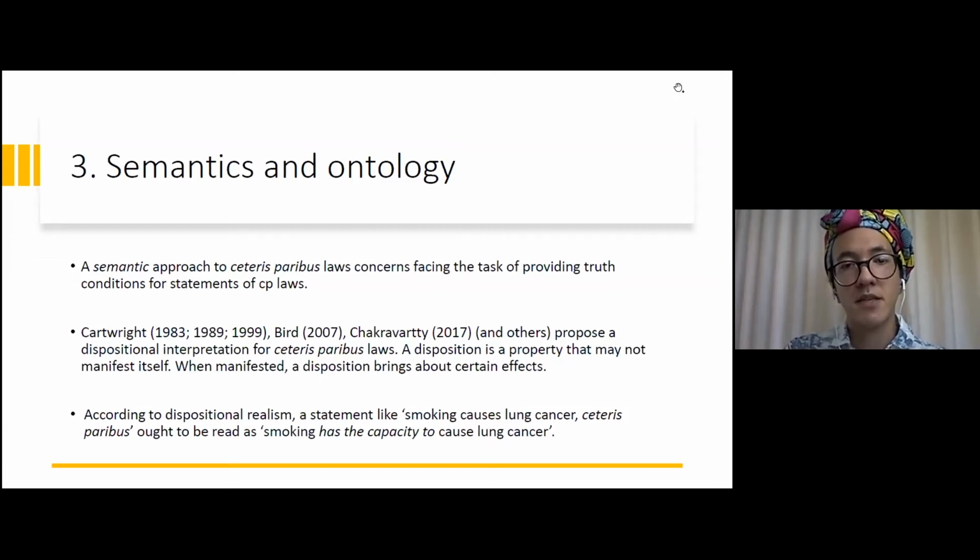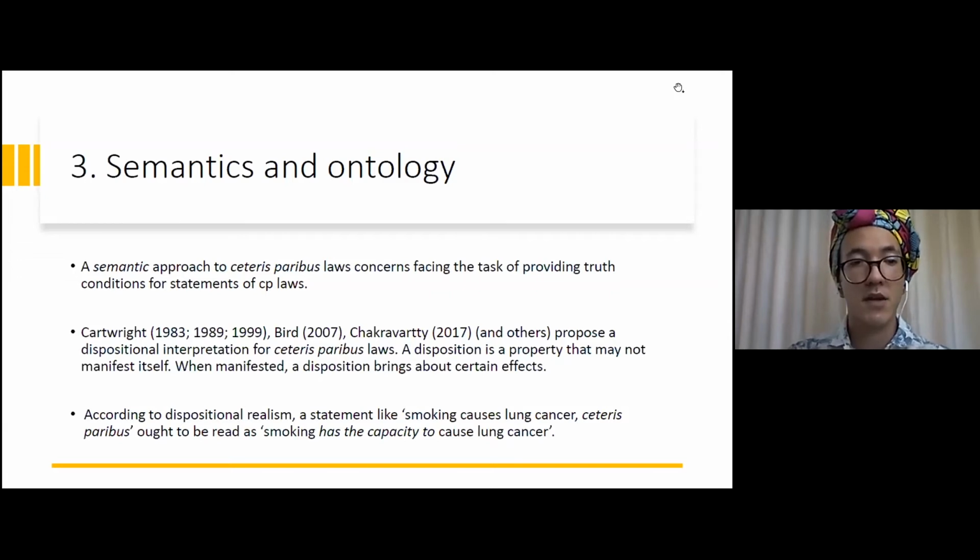So, a semantic approach to ceteris paribus laws concerns facing the task of providing truth conditions for statements of ceteris paribus laws, or in short, CP laws. There are a lot of different attempts in the semantics of ceteris paribus laws, but the problems this kind of approach deals with are very well known in philosophy of science.